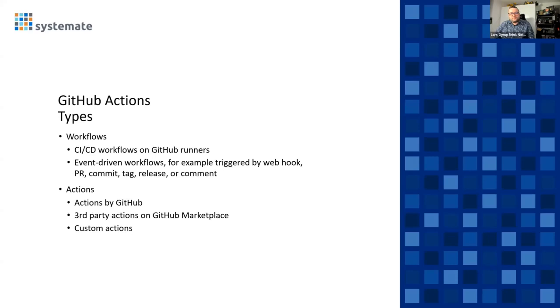But there's also, I think, more than 100,000 third-party actions on the GitHub marketplace, and you can create one yourself with relatively low effort. I'll give you an introduction today on the different ways we can create an action and use it locally, or have it in public and have it on the GitHub marketplace. And that's the third point here about the custom actions that we can create ourselves, even if it's for the benefit of just our own workflows.